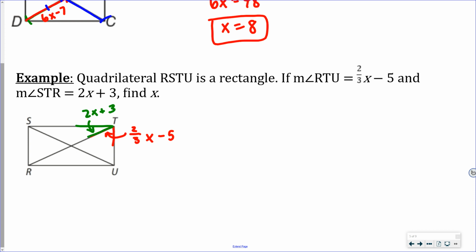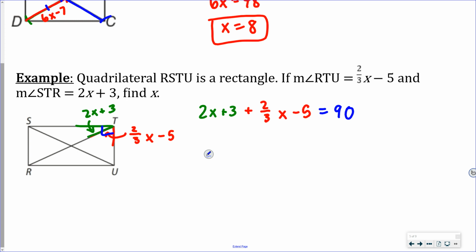Ideas of how we could set up an equation. Gwen? 2x plus 3 plus 2/3 x minus 5 equals 90. Correct. Why? Because all rectangle angles are 90 degrees. Perfect. She said add those two to 90 because all rectangles have 4 right angles.